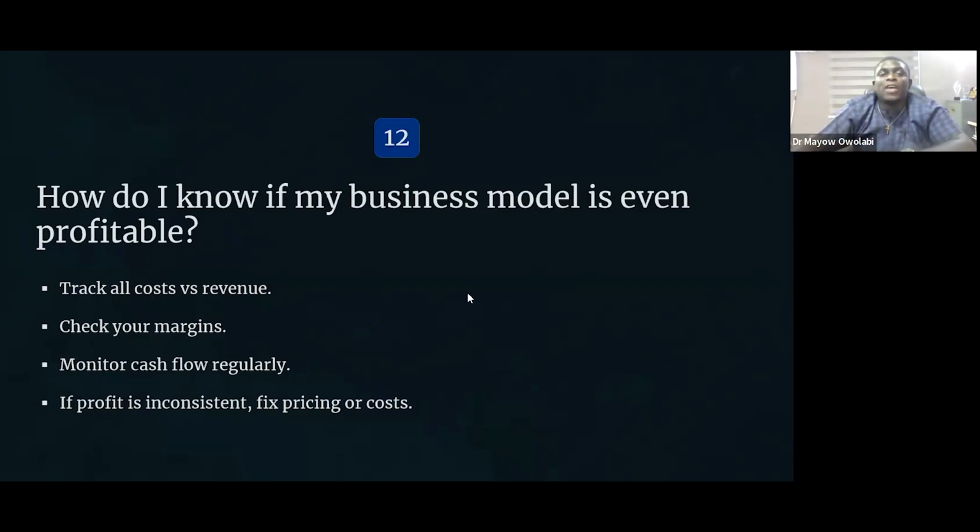Another thing I've discovered over the years is that a lot of people do not know or check their margin. You have to check your margin. How much is the profit? You must know. If your margins are very, very tiny, there's trouble. That's why I don't start a business that does not have good margin.